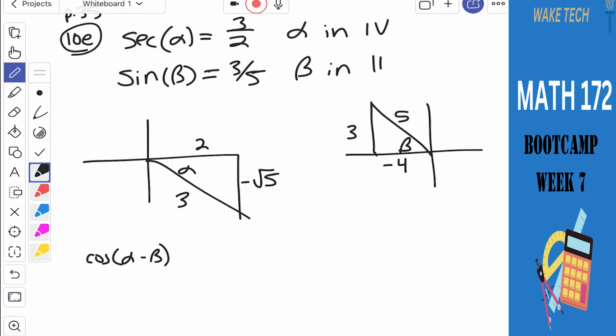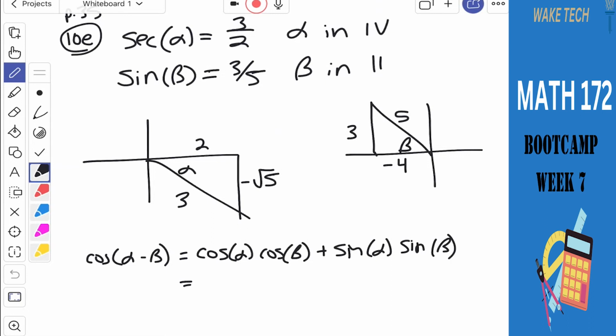I need my sheet. Cosine of alpha minus beta, that's the sum and difference rules from the top portion of the page. Cosine of alpha minus beta is cosine alpha, cosine beta, plus sine alpha, sine beta. So cosine from triangle A is 2/3.